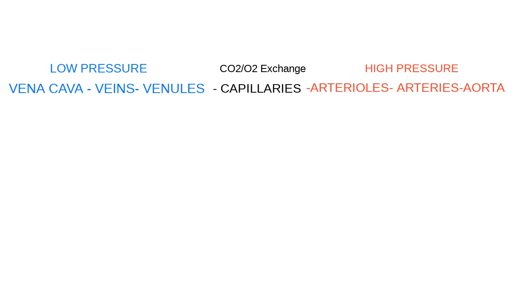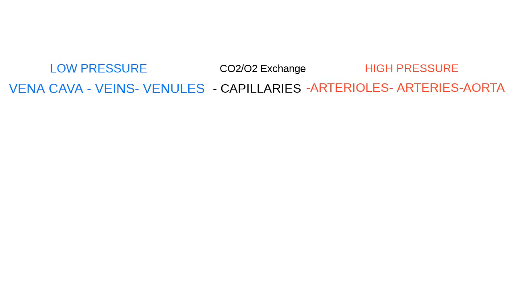I understand. And it's the same process on the systemic side. So you have the pulmonary circulation and the systemic. The pulmonary circulation is the circulation of blood from the heart to the lungs and back to the heart.